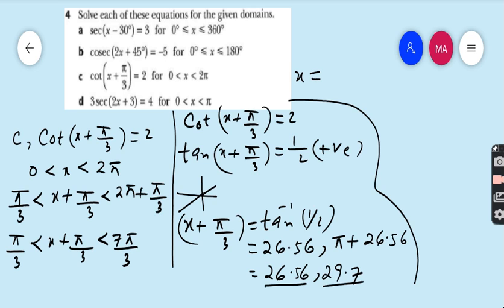So x is equal to 26.56 and 29.7 minus pi by 3. But I want to check, I think there is some mistake.